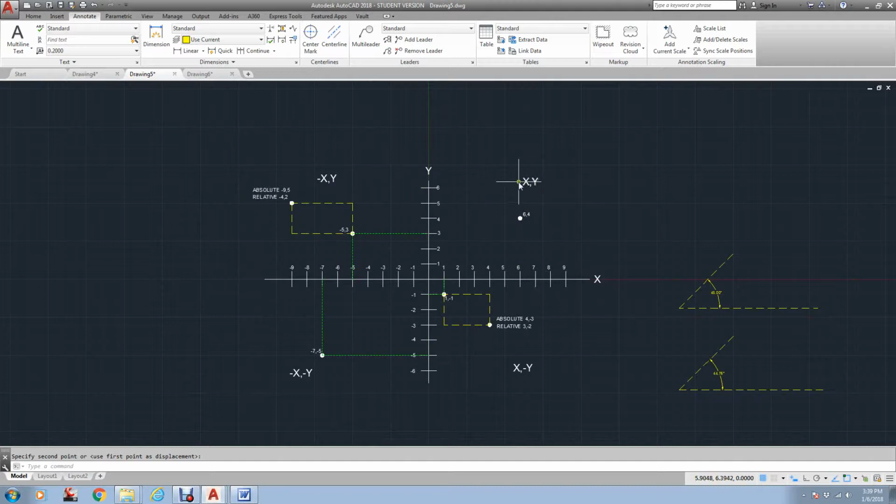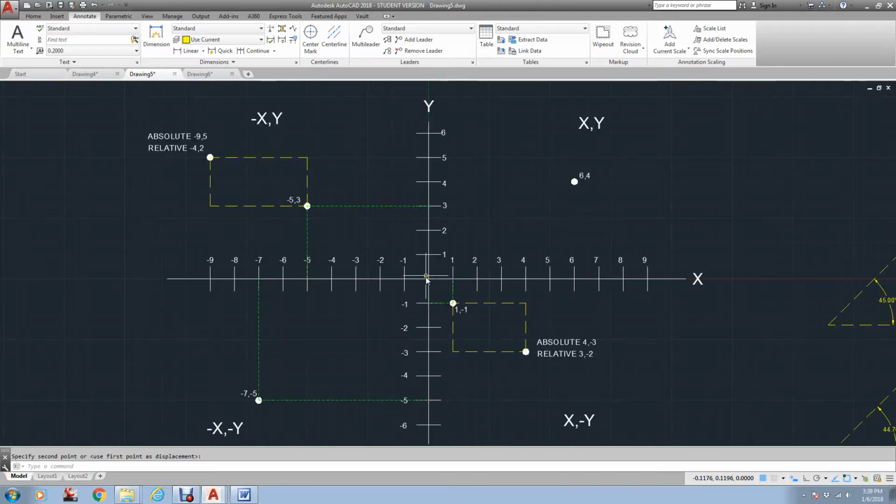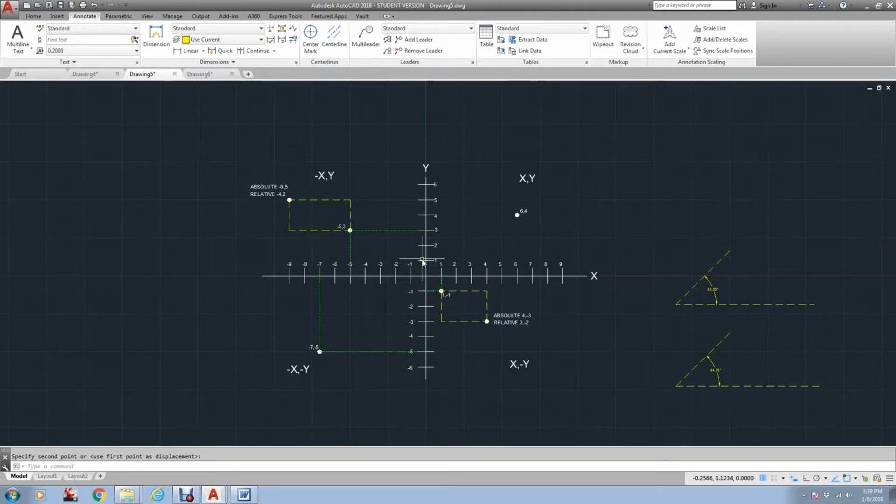Here, both x and y are positive. Here, x is negative, y is positive. Here, they're both negative. And then here it switches, x is positive, y is negative, because the y is going down, so it's got to be negative. Up here, the x is negative because it's going left of the origin, which is right here in the center.